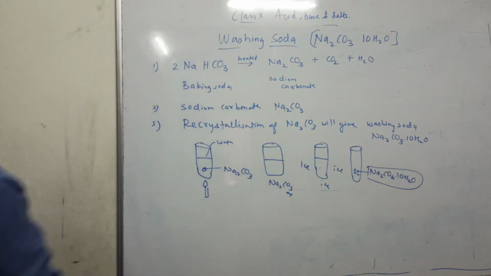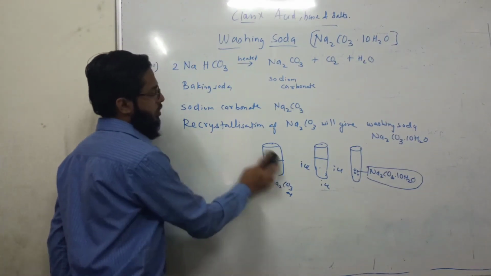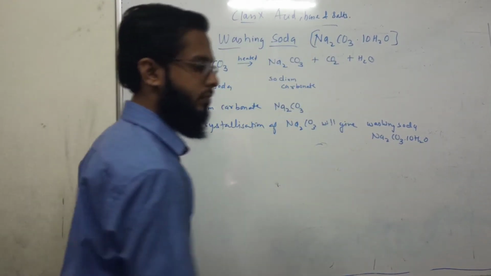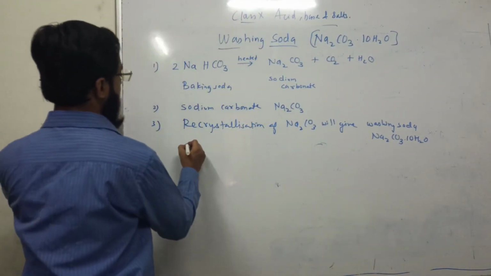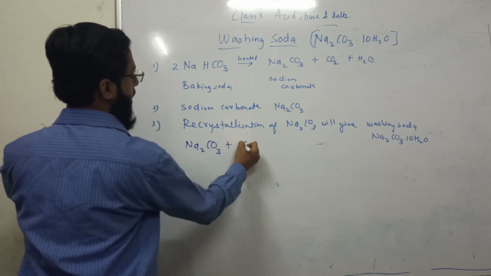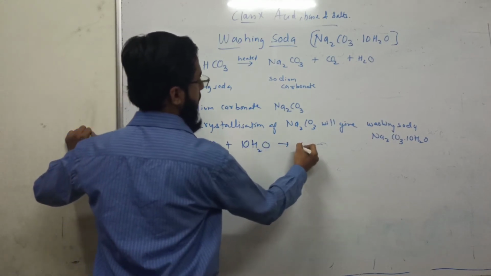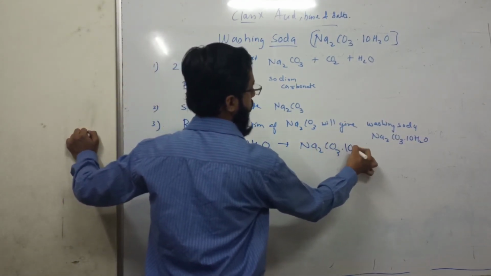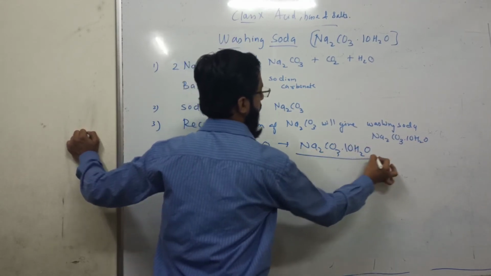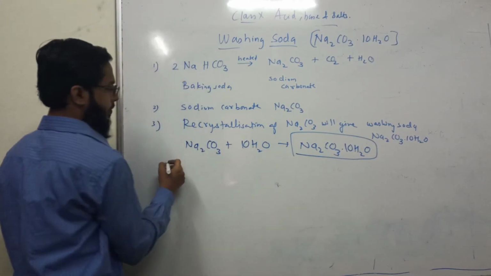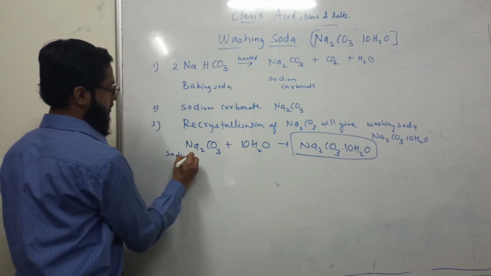Now let's talk about the uses of washing soda. We can write Na2CO3 plus 10 H2O forms Na2CO3.10H2O, washing soda.